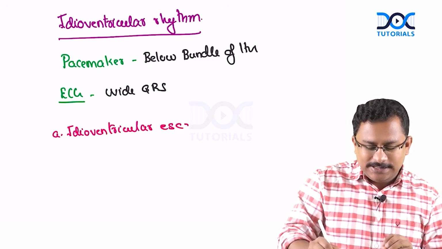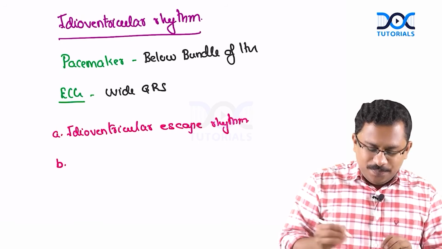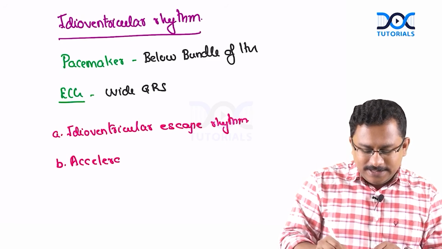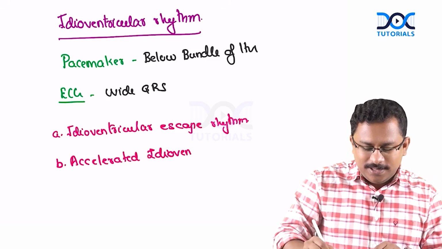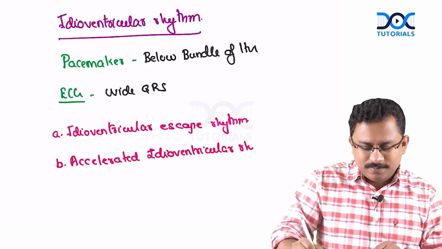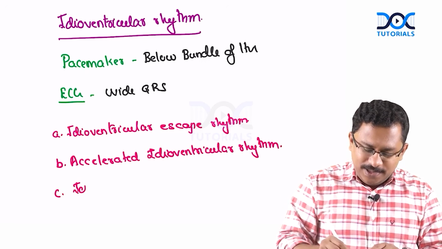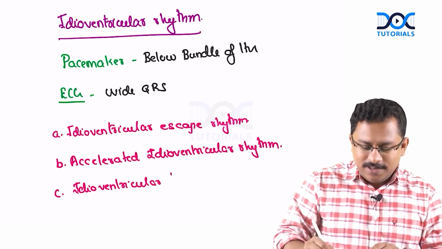Number two is accelerated idioventricular rhythm. And the final one is idioventricular tachycardia.